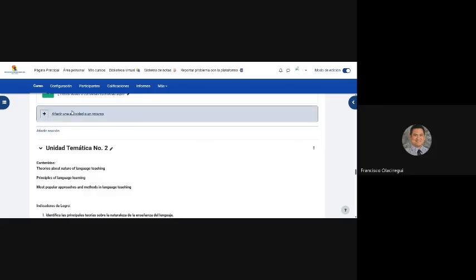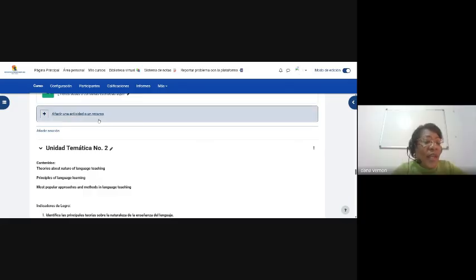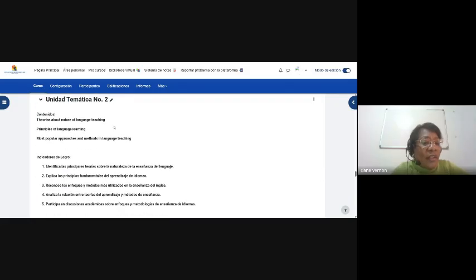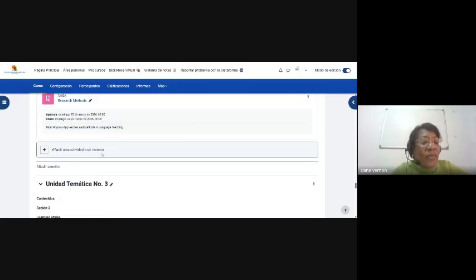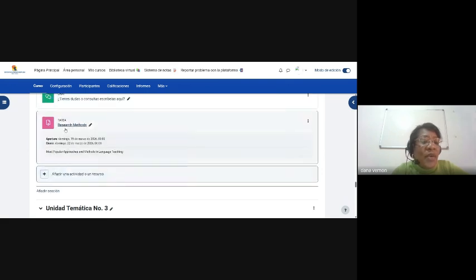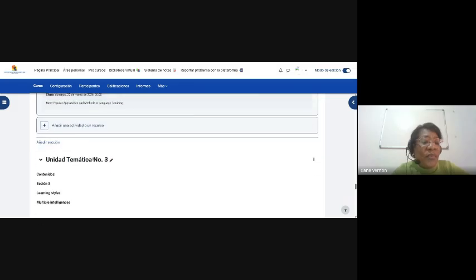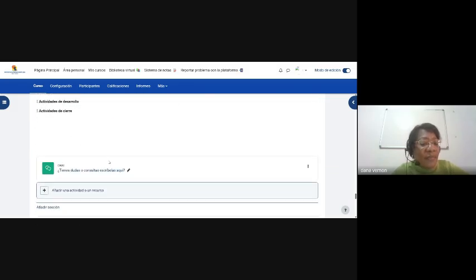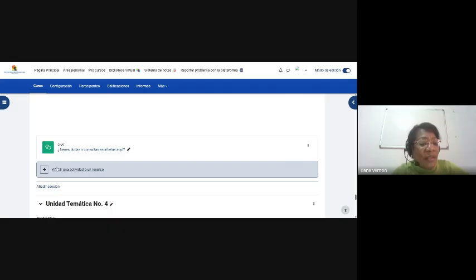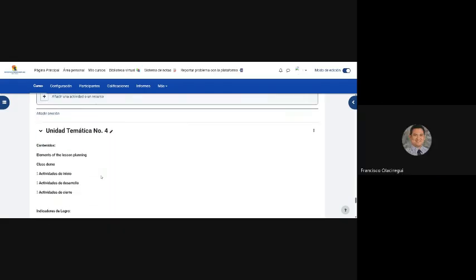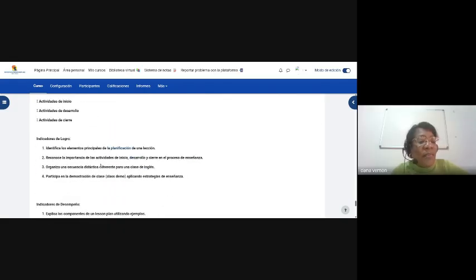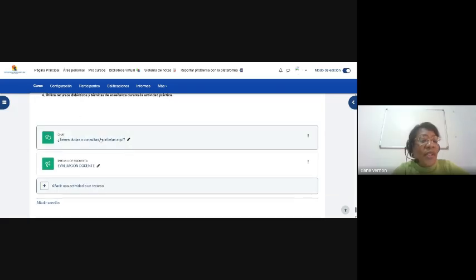The same for tematica number 2, 2 lessons here, 2 activities here. Also number 3, that for today is 2 tasks, 2 activities here. And the last one is the lesson plan that you're going to add here.